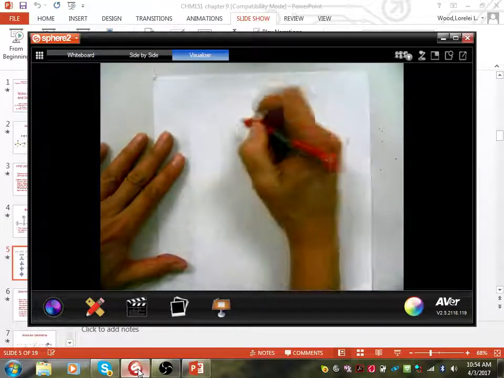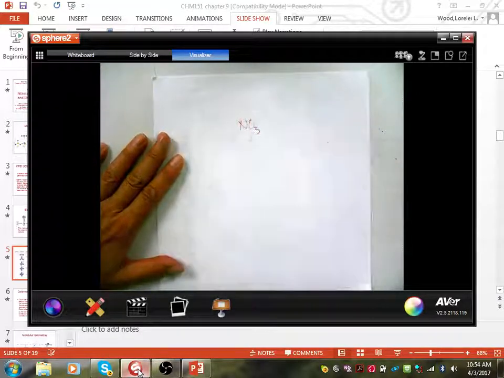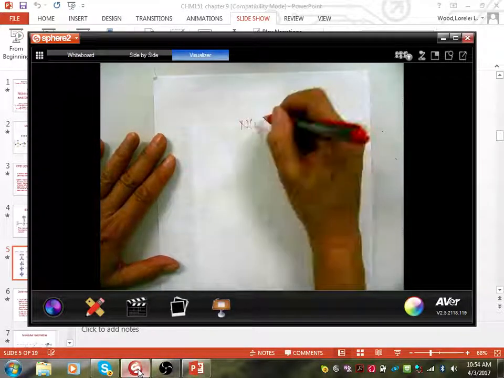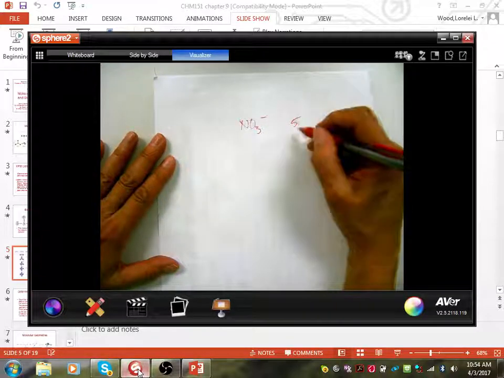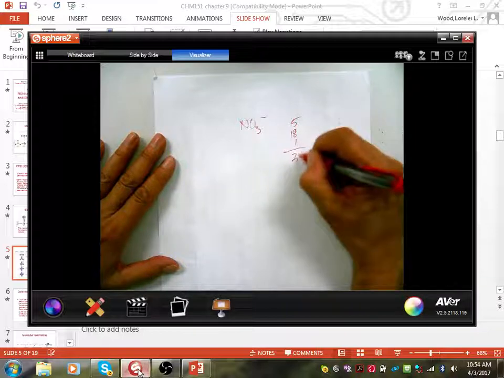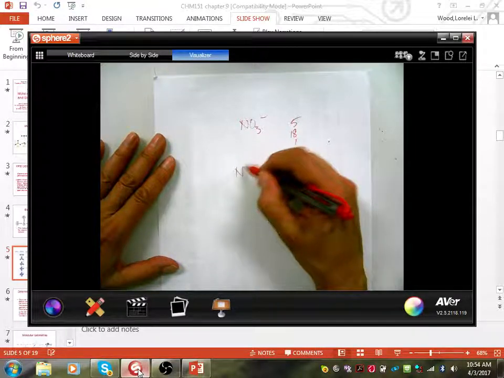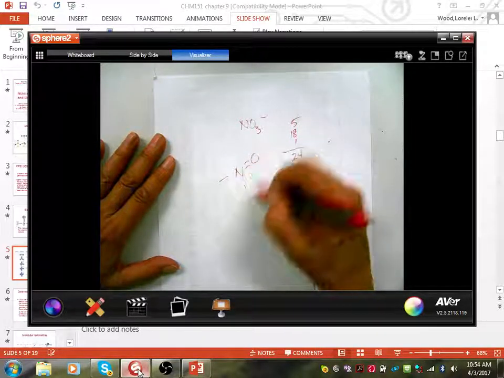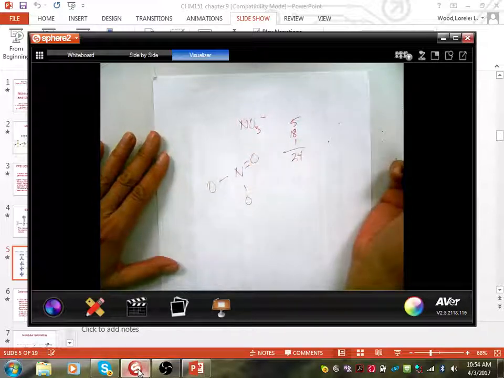Here's our NO3 minus. Nitrogen has 5, each oxygen is 6, that's 18, plus 1 more, that means 24 electrons. I put nitrogen in the middle. When I distribute everything, it's going to look like this, right?